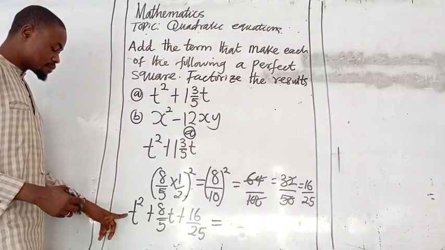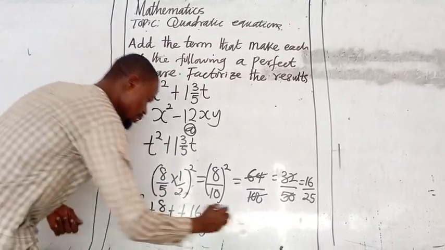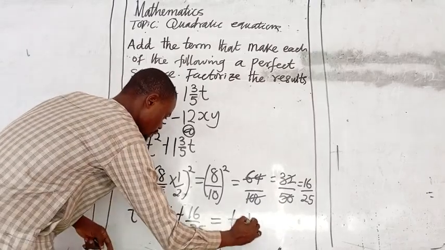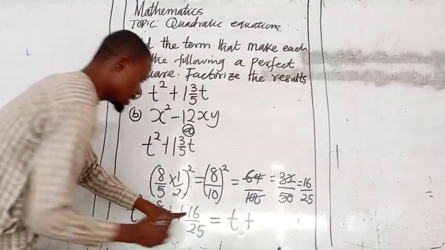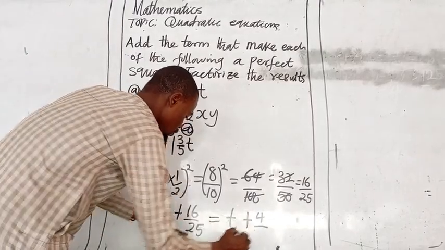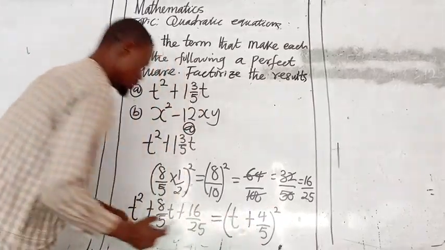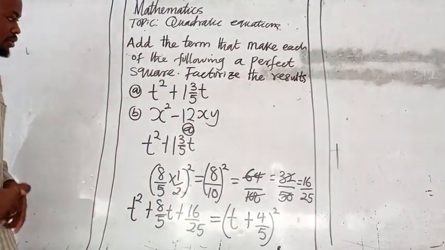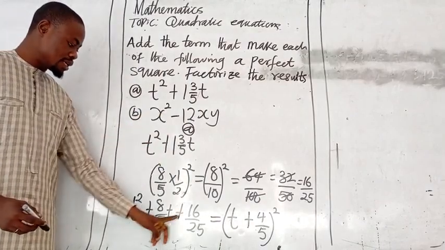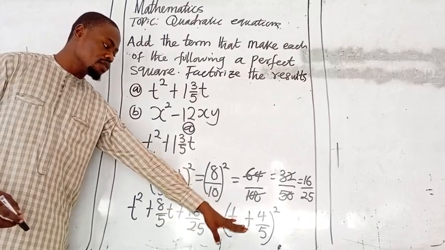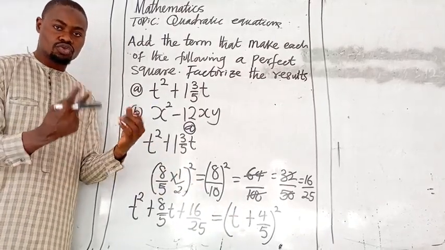So the square root of t squared is t, then plus. The square root of 16 is 4, all over the square root of 25, which is 5, and it's going to occur twice. So what can be added to this quadratic expression is 16 over 25, and when I factorize it, I'm going to have t plus 4 over 5 in brackets, two times.